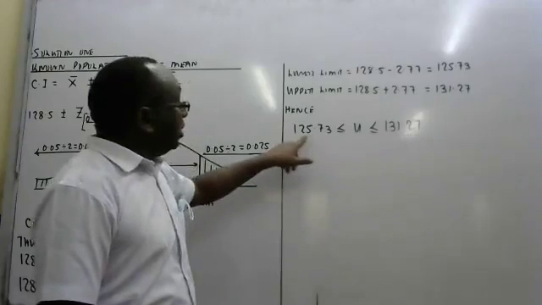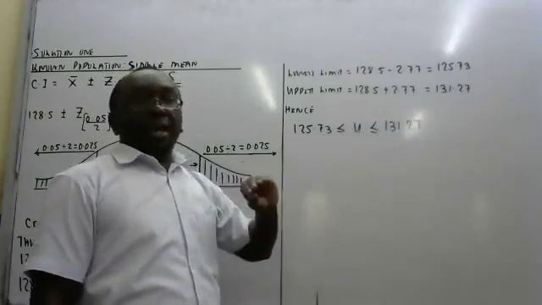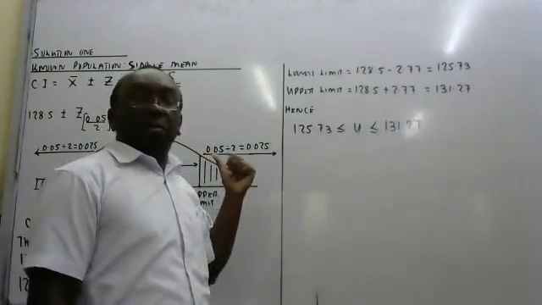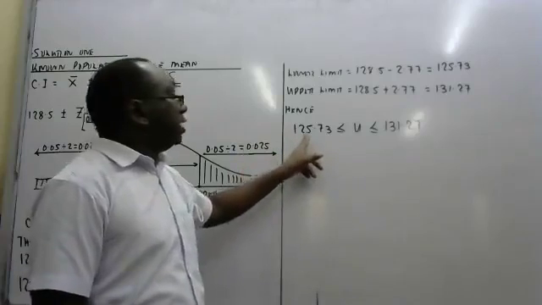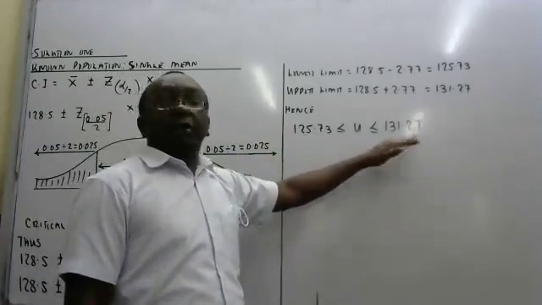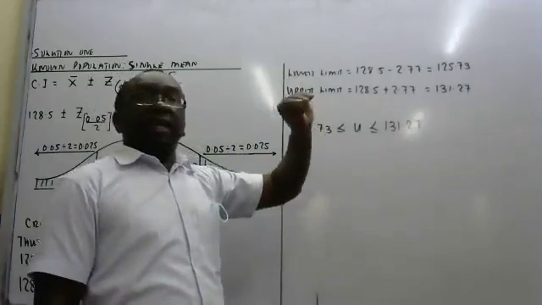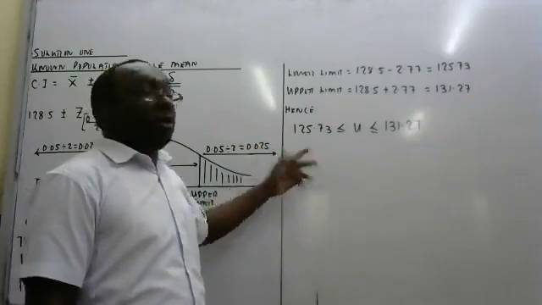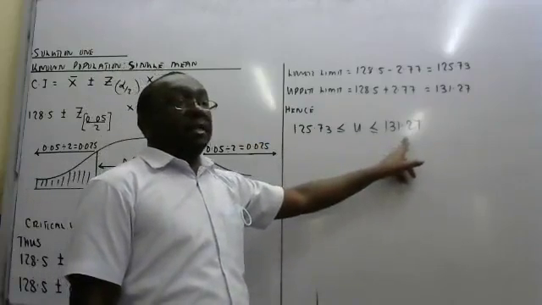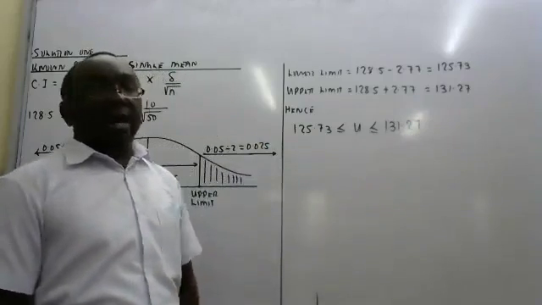Now, anything between 125 and 131 is what we call normal. And that's why we were looking at normal probability distribution. If you are found between 125 and 131, you are normal and no action is taken. But if you take a packet of sugar and find it is below 125, you need to take action. Or you find it is above 131, you need to take action. It's just like in an exam when you are marking the papers.